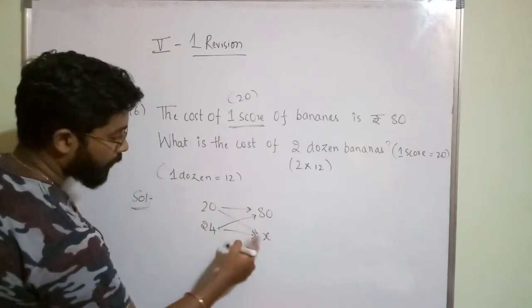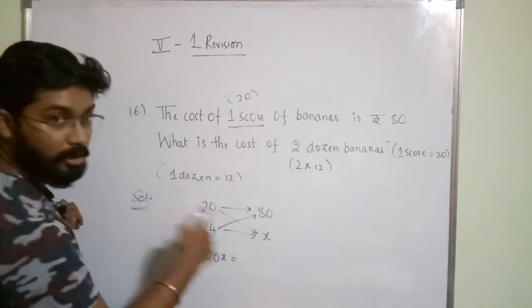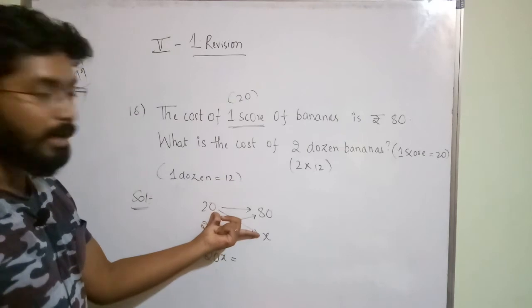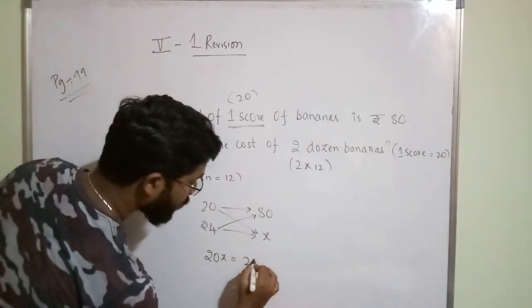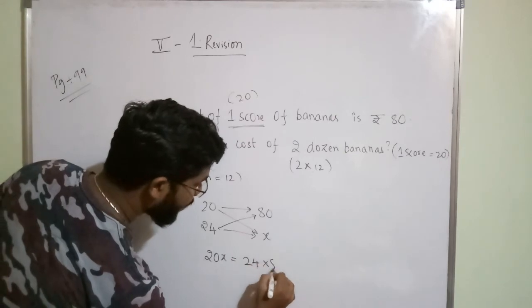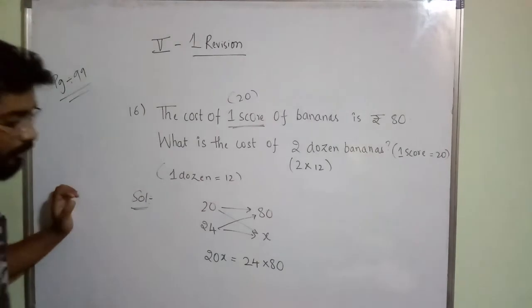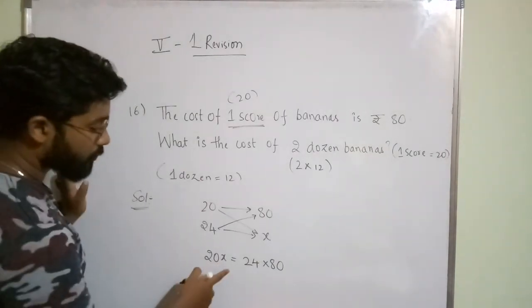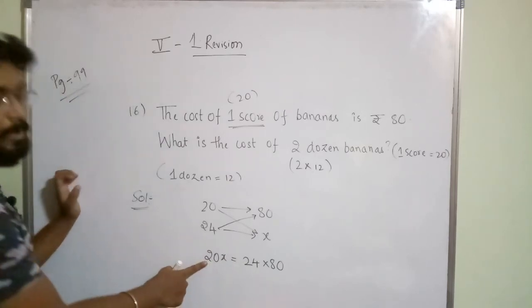Okay, cross multiplication. Which is cross, you have to multiply both of them. 20 into X equal to 24 into 80. Okay, you have to do like this. So here 20 is multiplying, no?